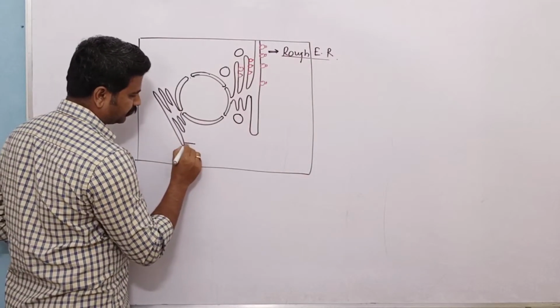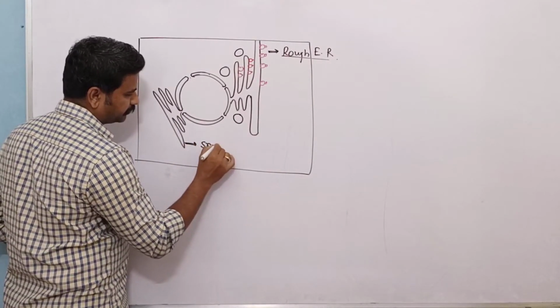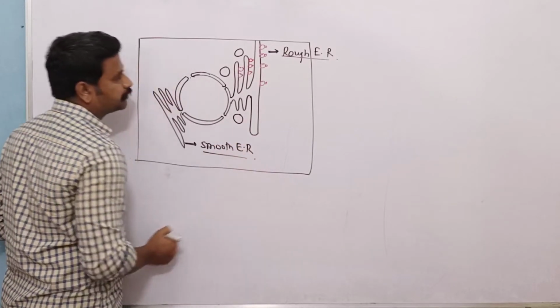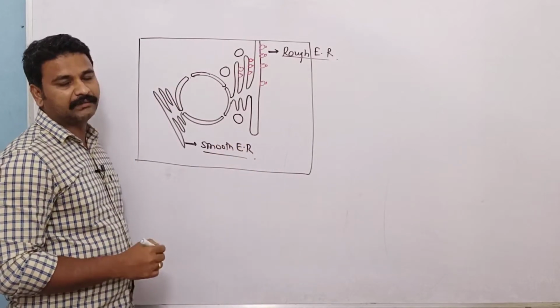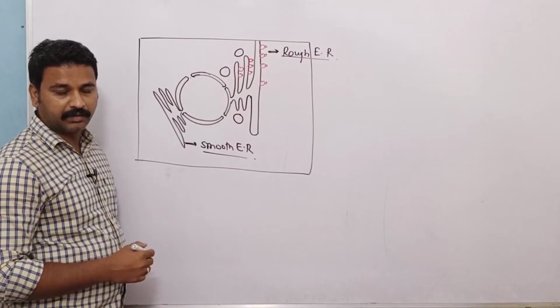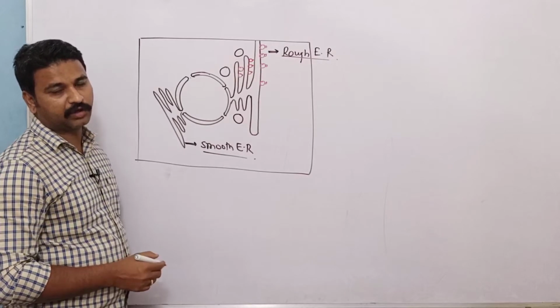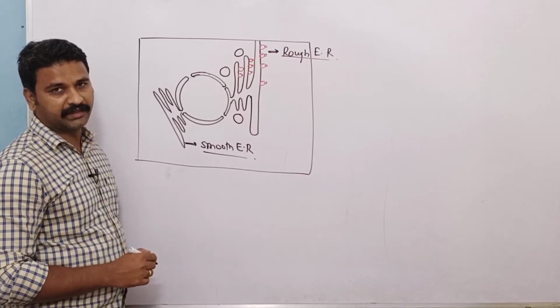These ones are called smooth endoplasmic reticulum. So basically we have two types of endoplasmic reticulum: one is rough endoplasmic reticulum and the second is smooth endoplasmic reticulum.